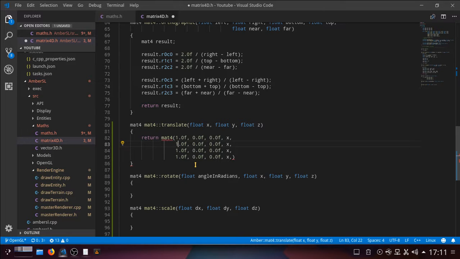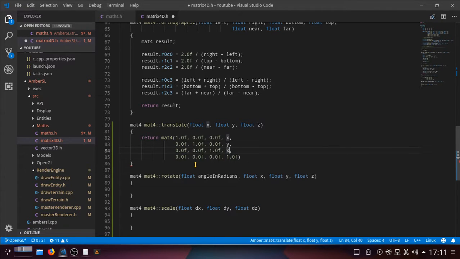Each one of these values then goes to a 0. And it's going to be 1, 1, or 1.0f, and I think you can guess on this part x, y, and z.